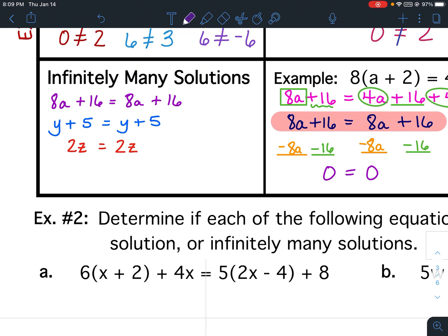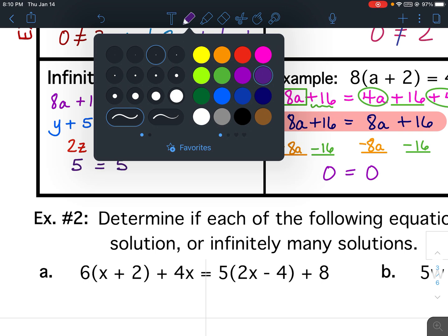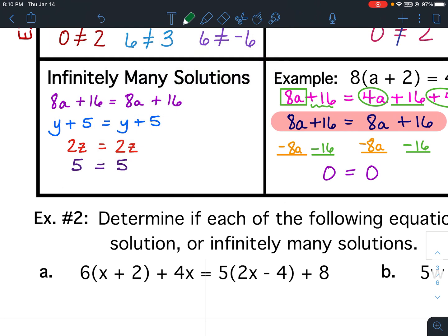Or 5 equals 5. Or 0 equals 0. So if you get the exact same thing on both sides, it is an infinitely many solutions problem.